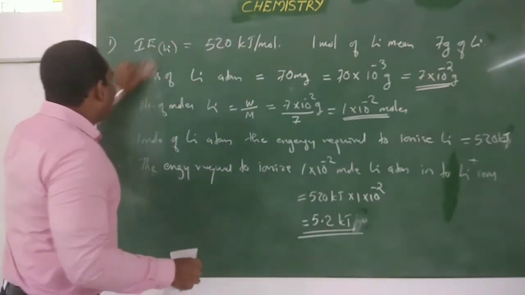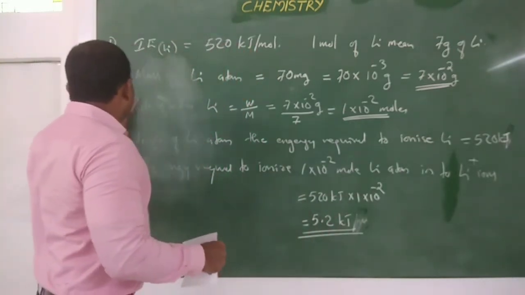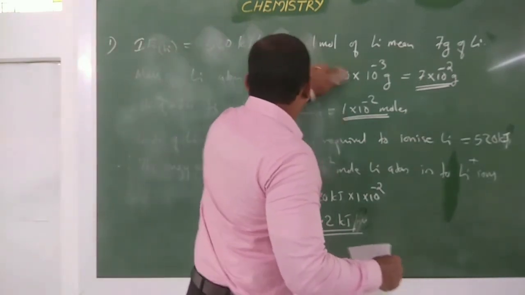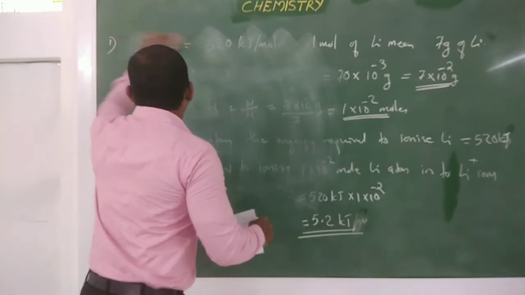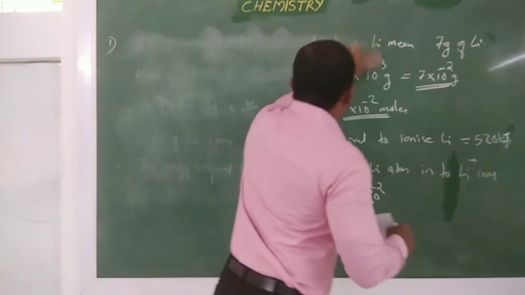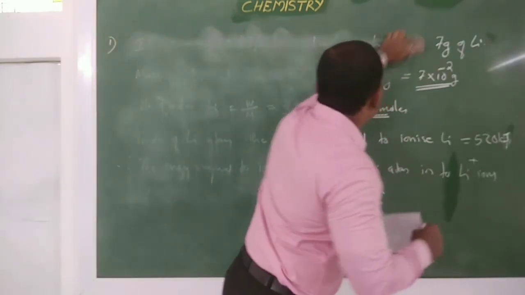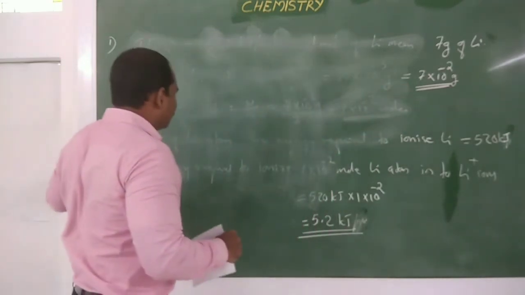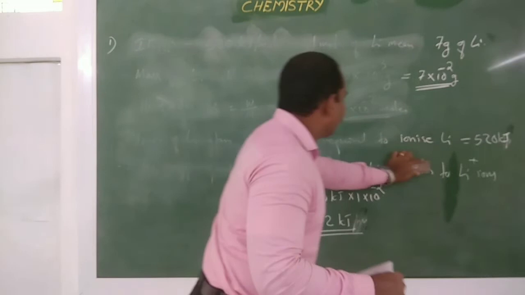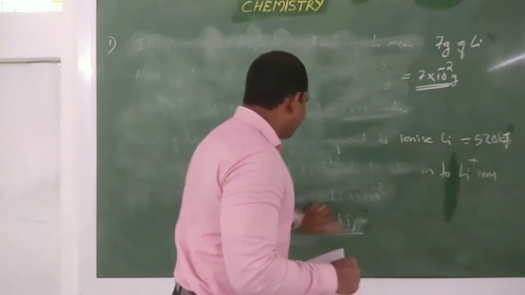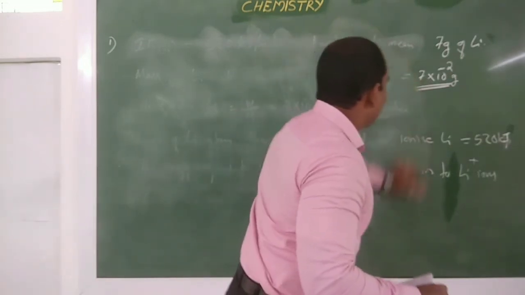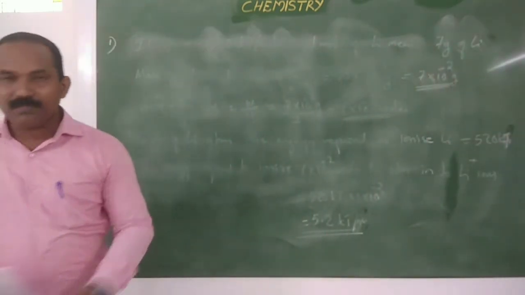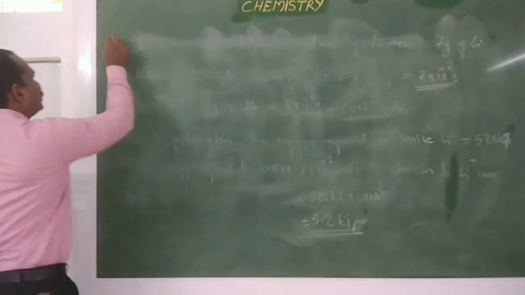What is ionization energy? As we know, ionization energy is the energy required to remove the electron from the valence shell. Hydrogen has only one shell, the first shell, so the only one electron present in hydrogen, the energy required to remove it is called ionization energy. Here ionization potential is given.